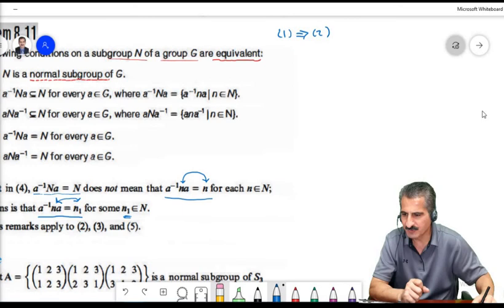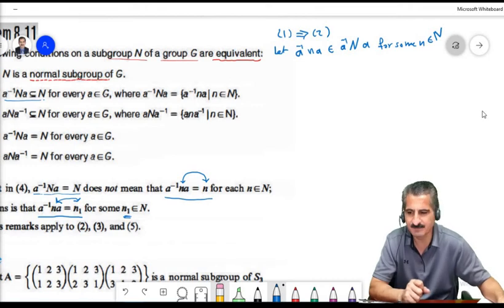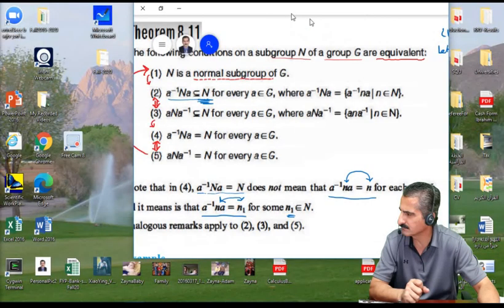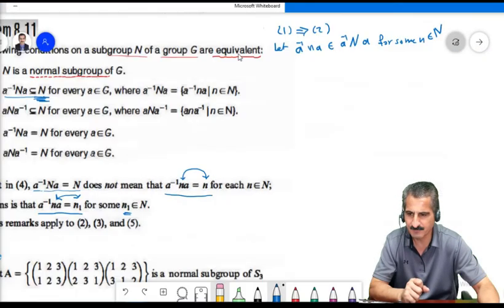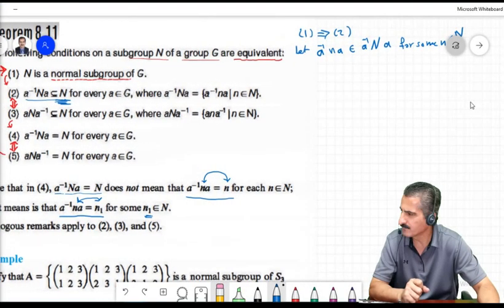We want to show a inverse capital N a belongs to N. That means we want to start with a inverse n a, for some n belonging to capital N. Okay, we want to show this belongs to N. To do this containment, we want to show this belongs to N. Okay, oops, what did I do? No. Okay.